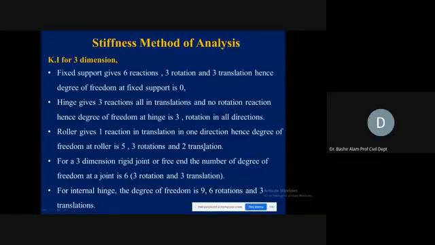For a three-dimensional rigid joint or free joint, again, we have 6 degrees of kinematic indeterminacy, and those will be 3 rotations and 3 translations. For internal hinge, the degree of freedom is now becoming 9, and it will be 6 rotations and 3 translations.